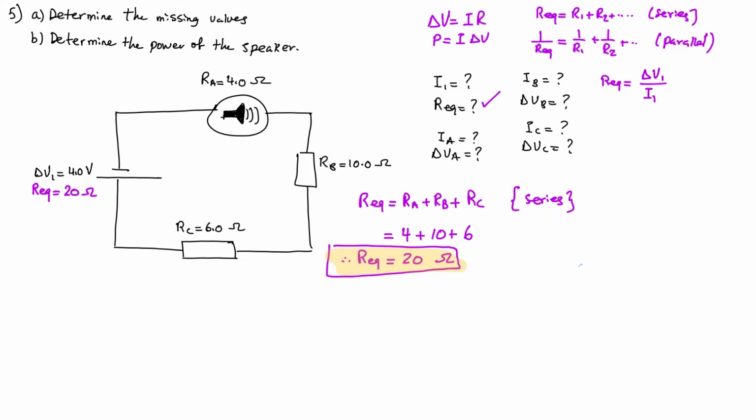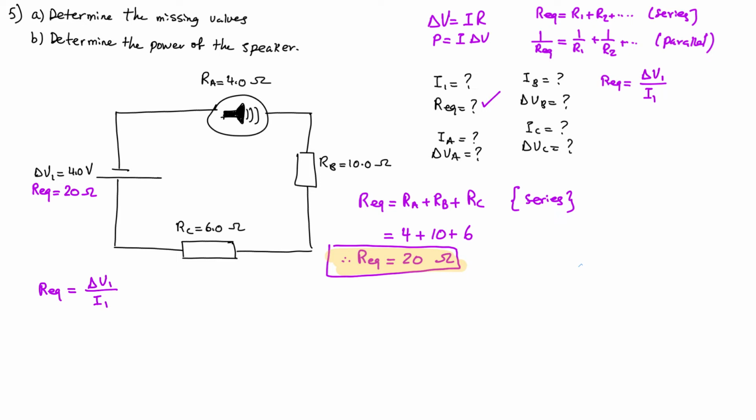I'm going to say that equivalent resistance is equal to delta V1 over I1. At this point, I can rearrange the equation to find I1, or I can write the values in and then rearrange. It doesn't actually matter how you choose to do this.